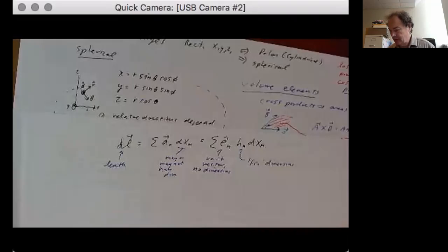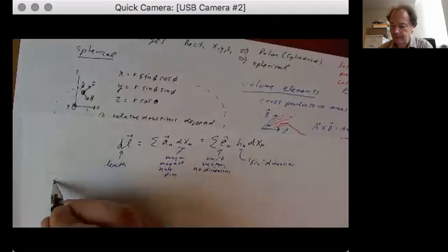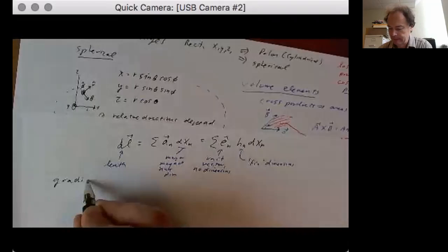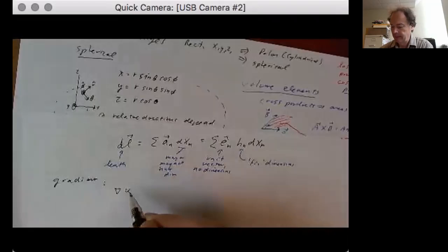Now we need to look at the gradient. So gradient of u.